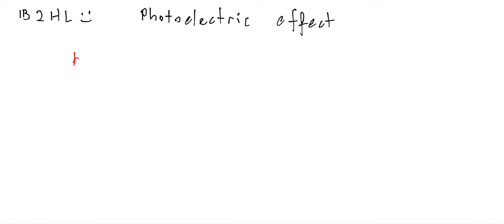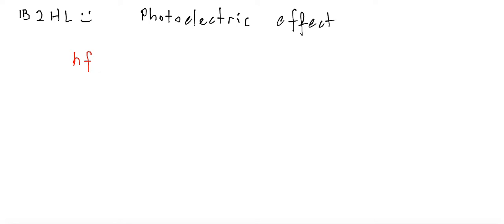The energy carried by light is given by the equation Planck's constant times frequency. This is a portion, or quantum, of energy, the energy carried by one light particle called a photon.